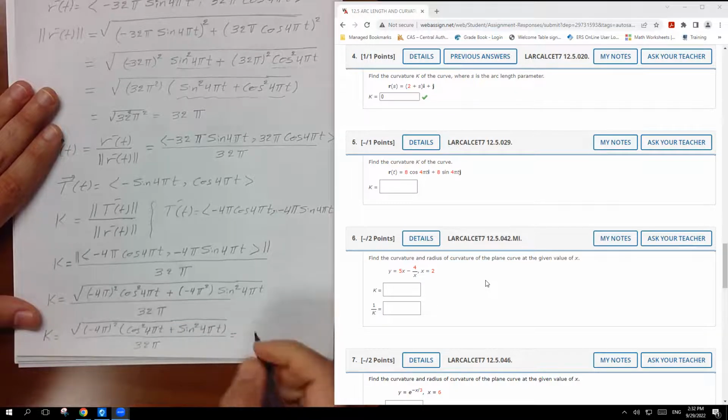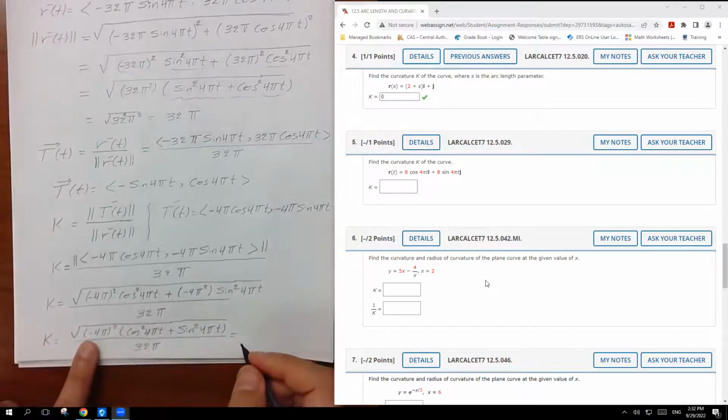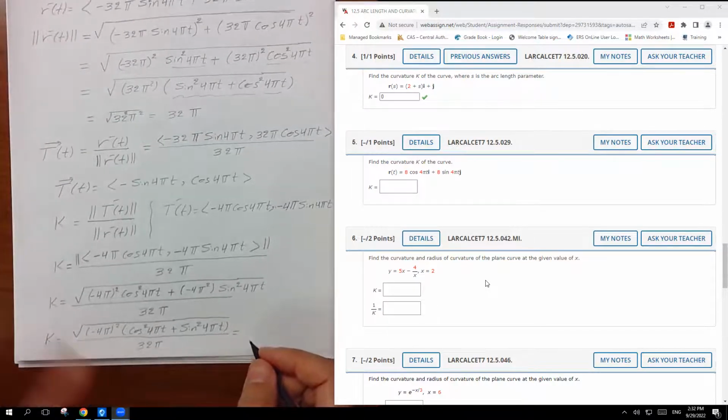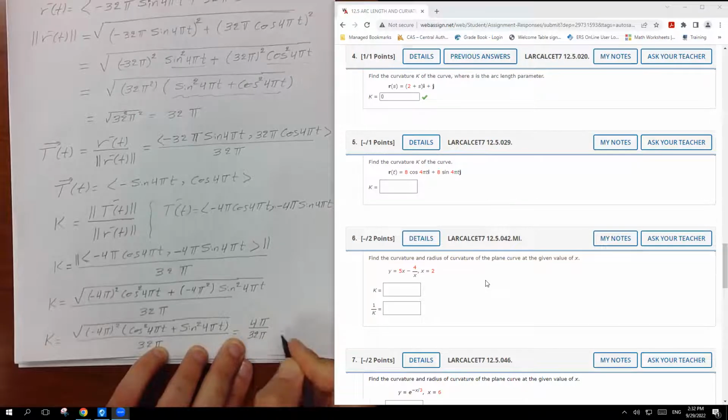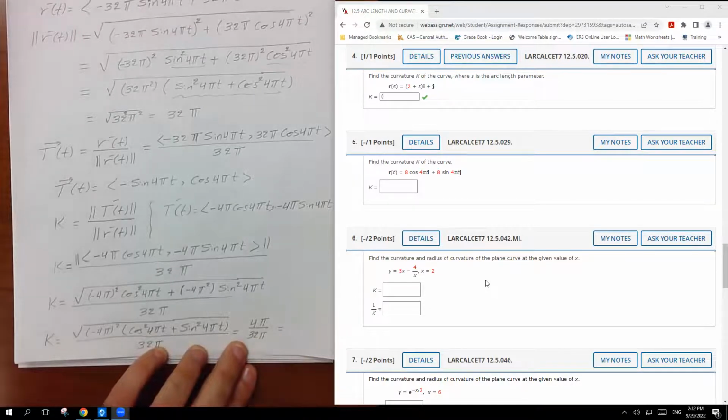This is 1. So square this one, 16 pi squared. Then take the square root of 16, which is just 4 pi divided by 32 pi. And then it's going to be 1 over 8. Let's check this one.